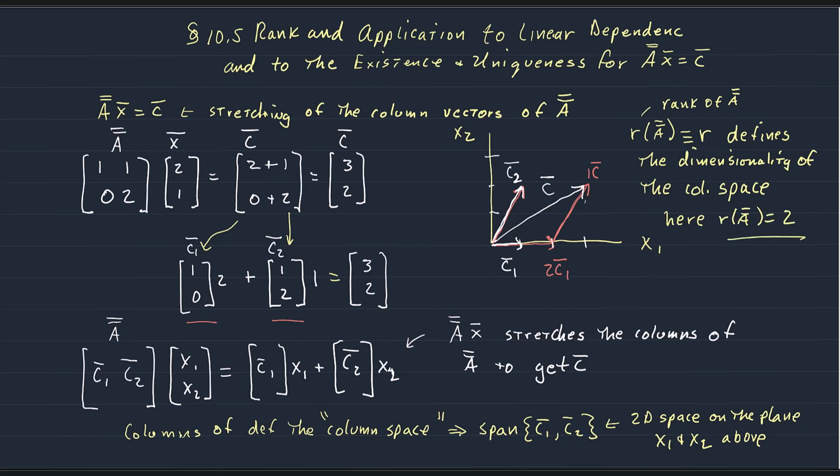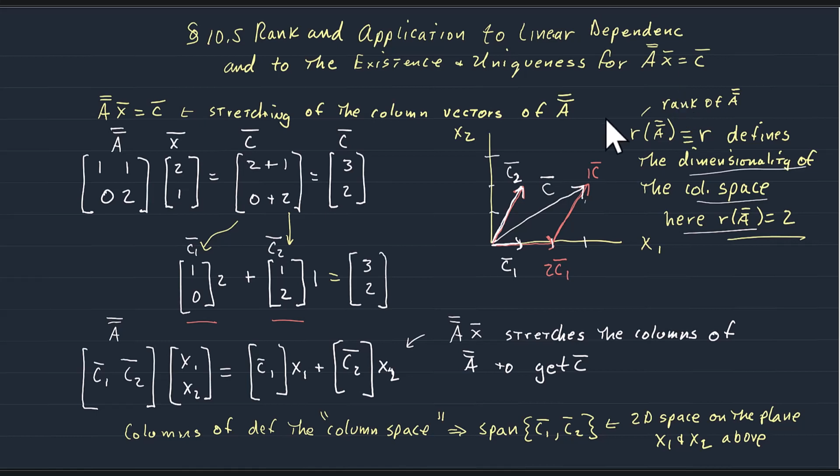The determinant of A itself was not 0, so the smallest non-zero determinant in this case had 2 rows and 2 columns. So the rank is 2, and this also shows that the dimensionality of the column space was 2. These are some key concepts in general to remember.